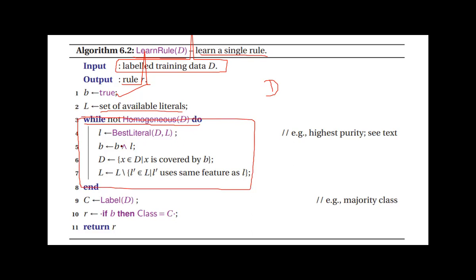Now, if not homogeneous, L is equal to best literal D comma L. This is an assumption again. We feel that best literal is a function that takes D and capital L, set of literals, my dear friends. That gives me the literal which is best suited.